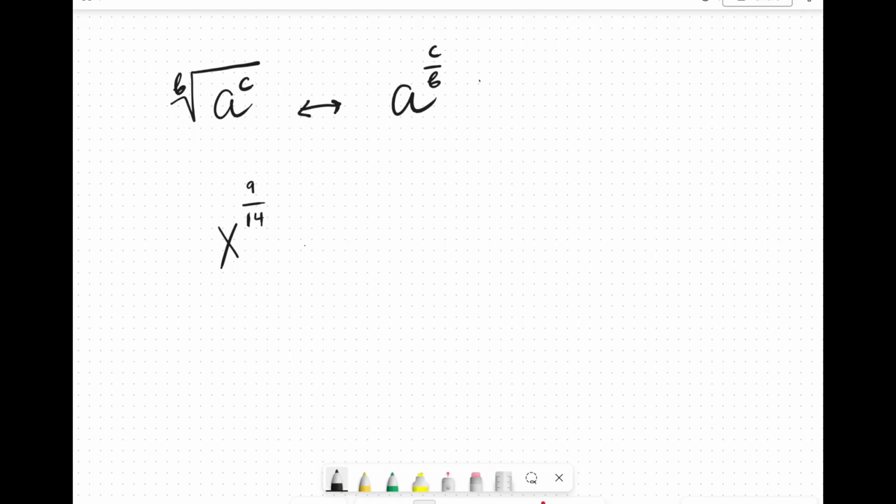So you're going to write your root, you're going to put your x under that root, and whatever number is on the top of the fraction, so 9, and that's the c, and c is the exponent of the x on the inside of the root. And then the bottom number, which is 14, and that's your b, and that will be the index of the root. So my root is the 14th root of x to the power of 9.